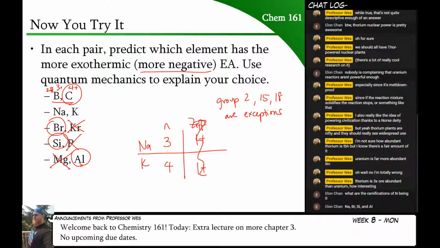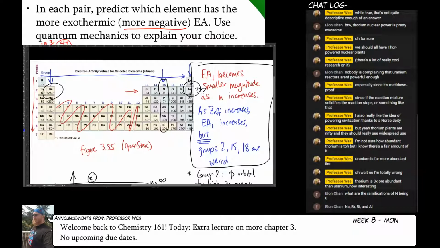But for n equals 3 and n equals 4, my electron falls further for n equals 3, and therefore it will be more negative. So this must be the answer. And if you go look at the chart, we can see that sodium indeed does have a more negative electron affinity than potassium does. It's not much, but it is more negative.